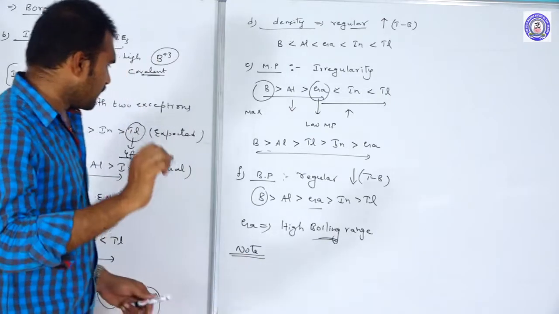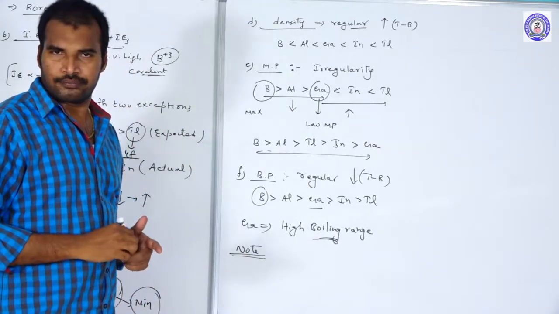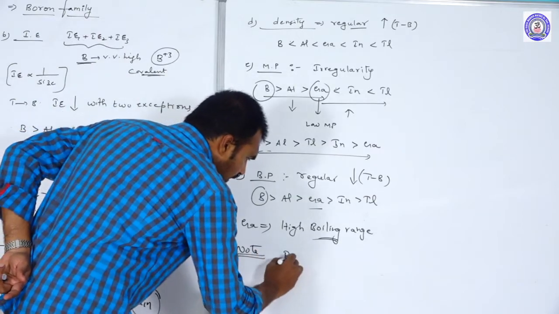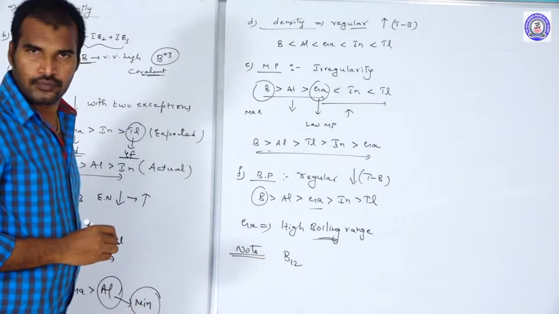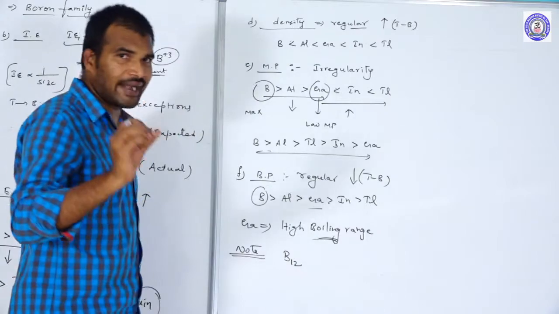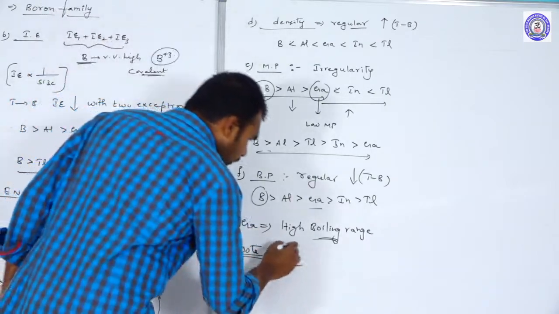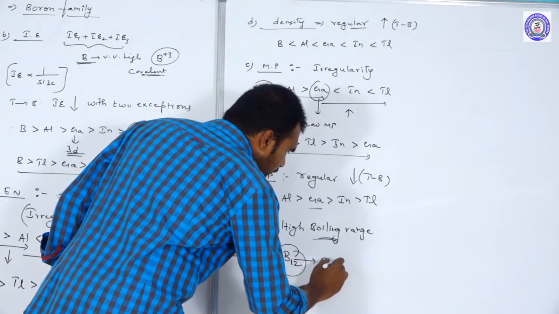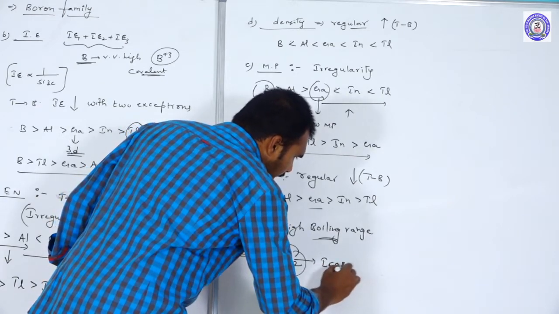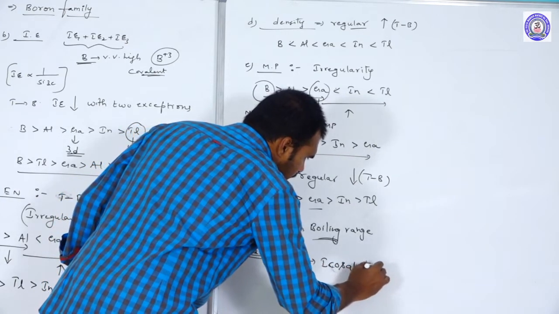If you look at the structure of boron, usually boron exists as B12, meaning 12 boron atoms combined together in icosahedral units.